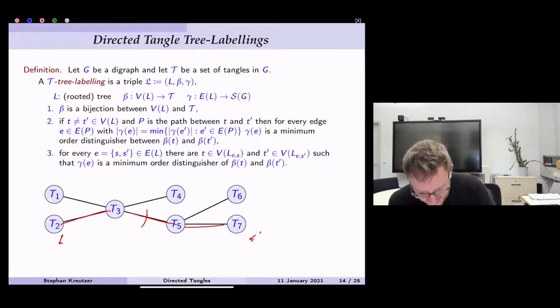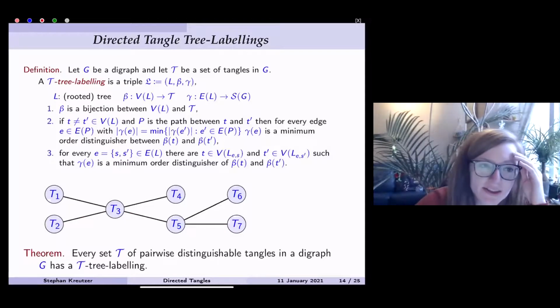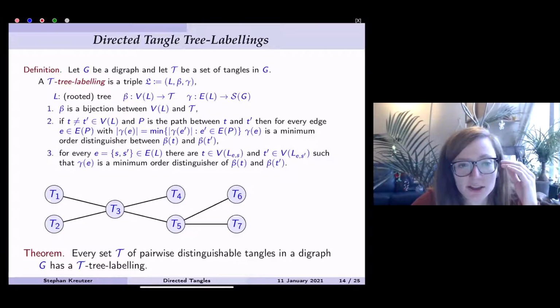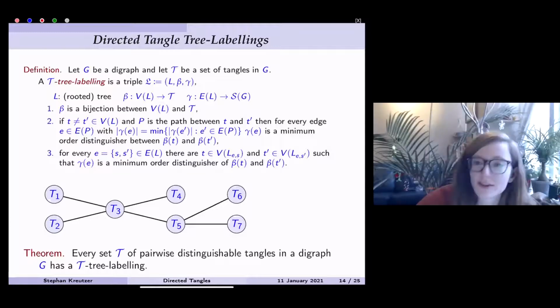All right, now I've got a question just for my own understanding of the definition, which is how does the tree being rooted come into play? It doesn't yet. It comes later. That's why it's in parentheses. For the tree labeling, you don't actually need the root. We need this if you want to convert this to a directed tree decomposition later on, because these are directed trees.